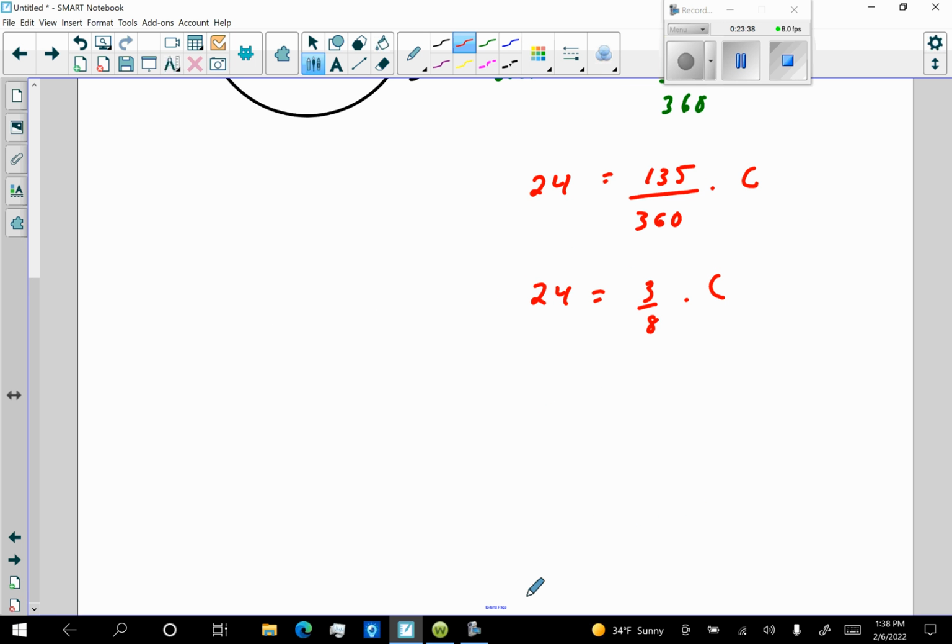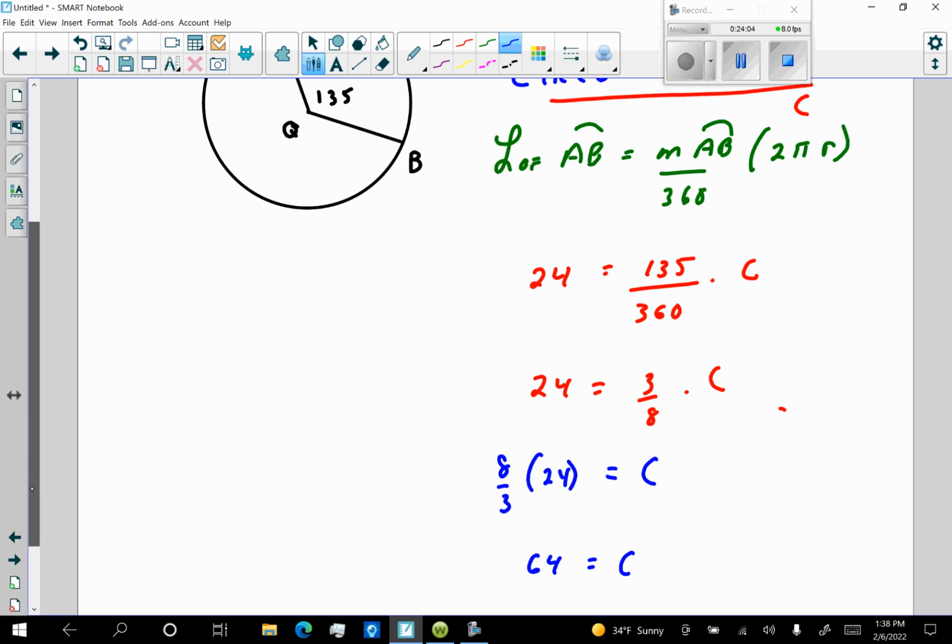And if I want the circumference, I'm going to simply multiply both sides by 8/3. So I have 8/3 times 24 is equal to the circumference. 8/3 times 24, think about this, is going to be 64. That's the circumference in whatever units.